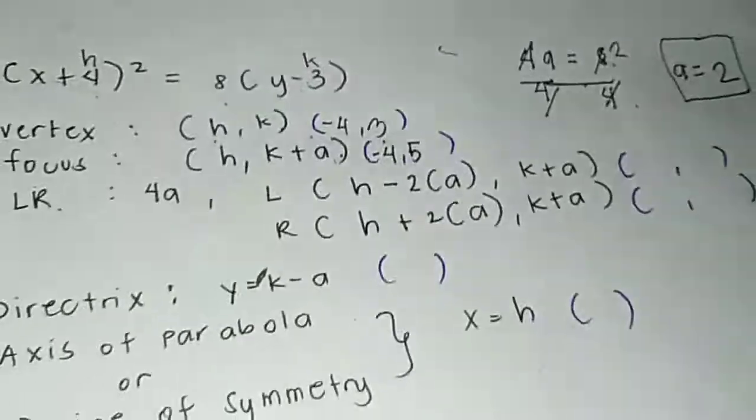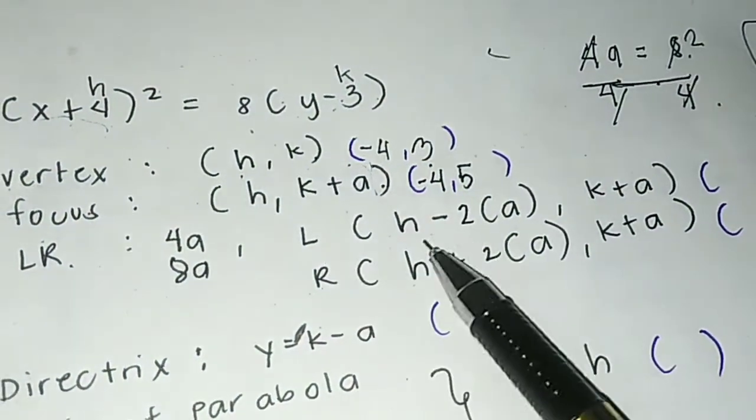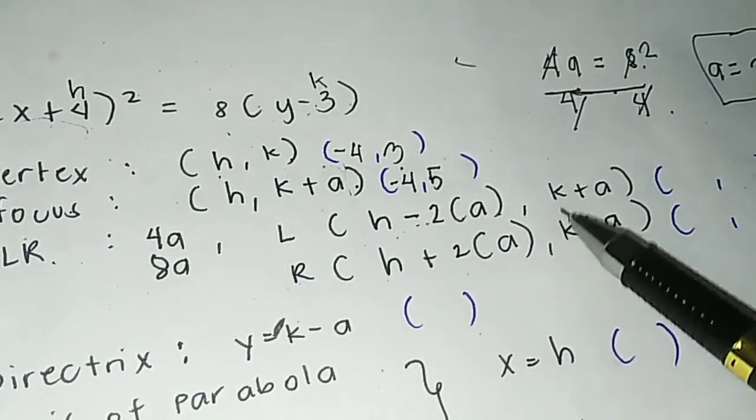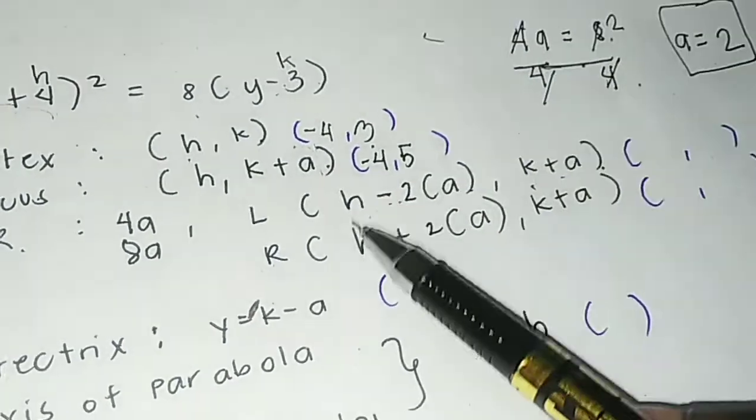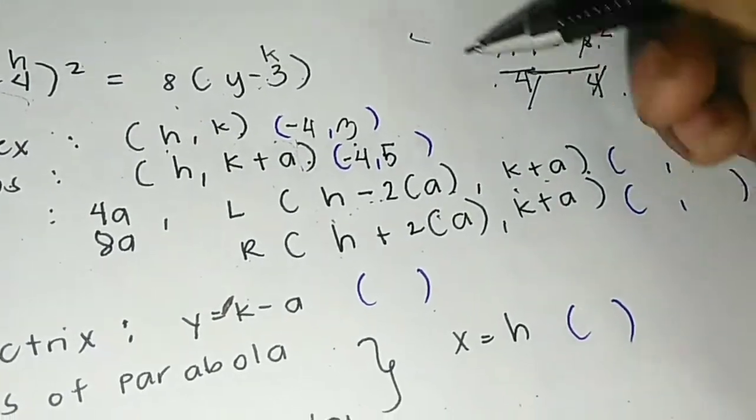Negative 4 and 5. So, next naman is ating latus rectum in which ito ay 8. And ang ating left ay h minus 2 times the quantity of a, k plus a, in which ang ating h is negative 4, tapos ang ating a ay 2. So, isusolve po natin. Yan.